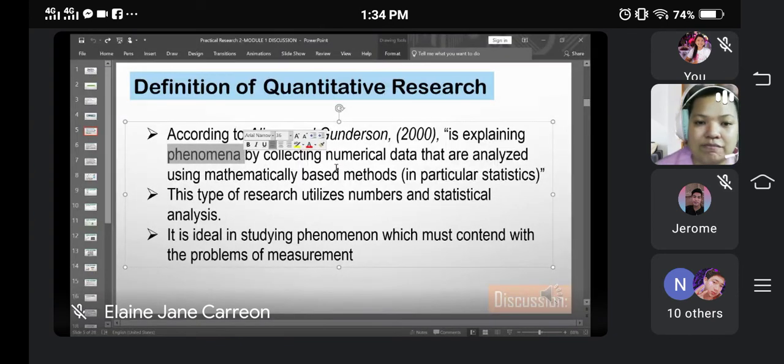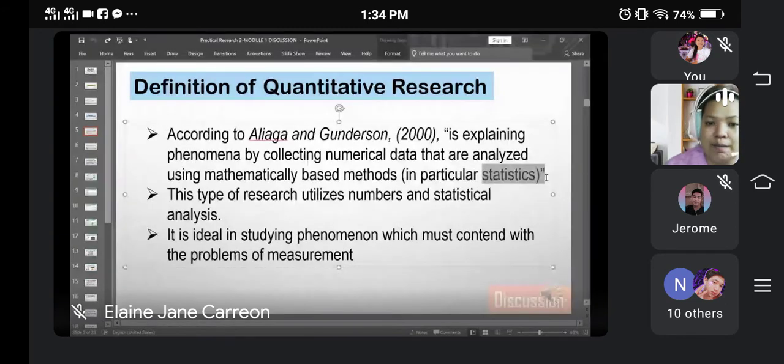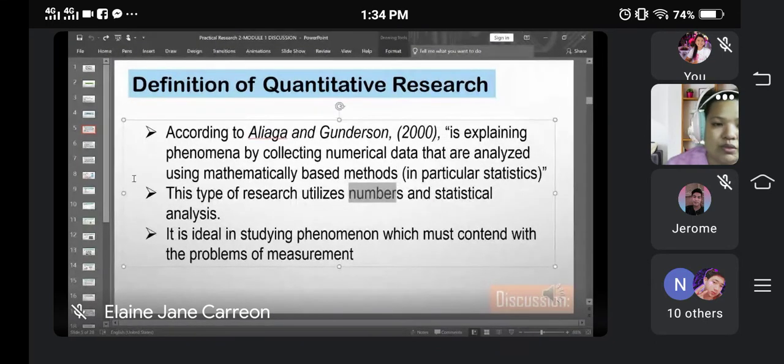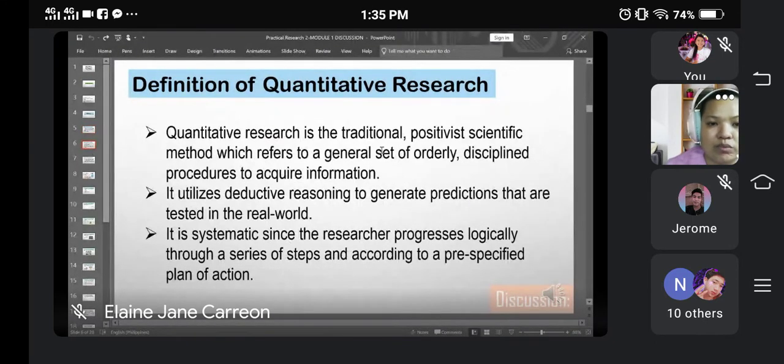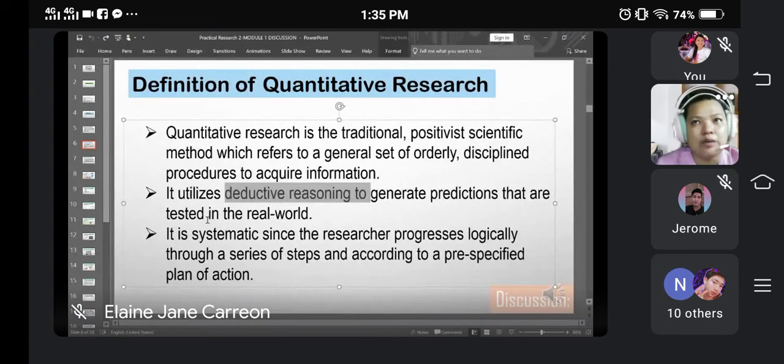Next, we have numerical data. Diba? Tama? Nakalito yan. Ito, phenomena, phenomenon. Pareho lang po ba yun? Oo, phenomena ibig sabihin, maraming pangyayari. Phenomenon, isang pangyayari lang. Okay? What else? Statistics, numbers. Ayan. Scientific method, deductive reasoning, systematic. Ayan yung mga words na pwede natin gamitin.